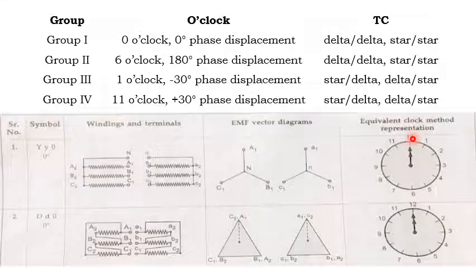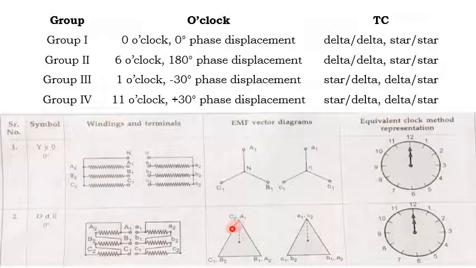The phase difference here is 0. Similarly, this is also the case for delta to delta. Delta connection on the HV side and delta connection on the LV side. Capital D represents HV side delta connection, and small d represents LV side delta connection. Again it is 0, that is 0 degree phase displacement.